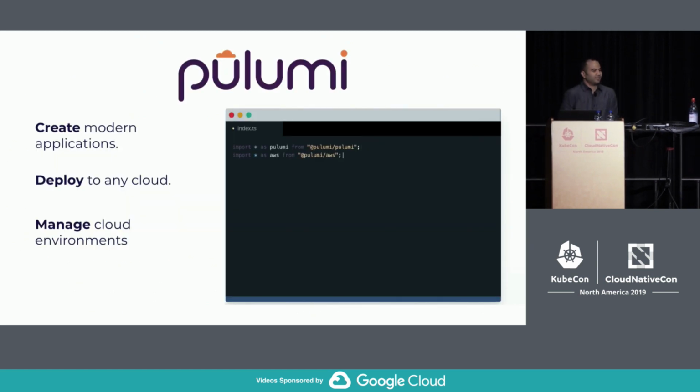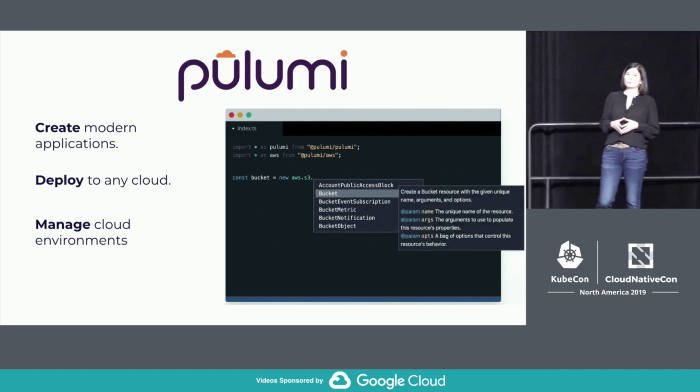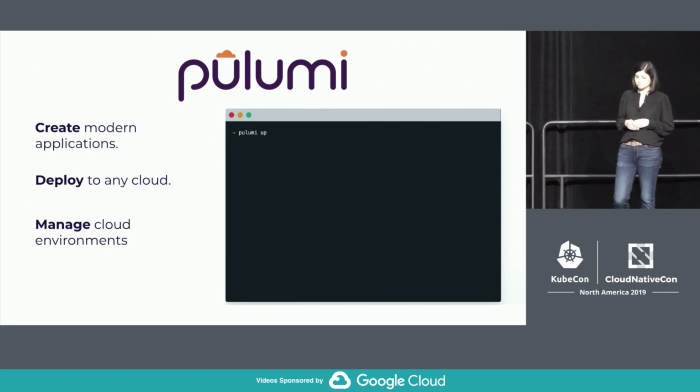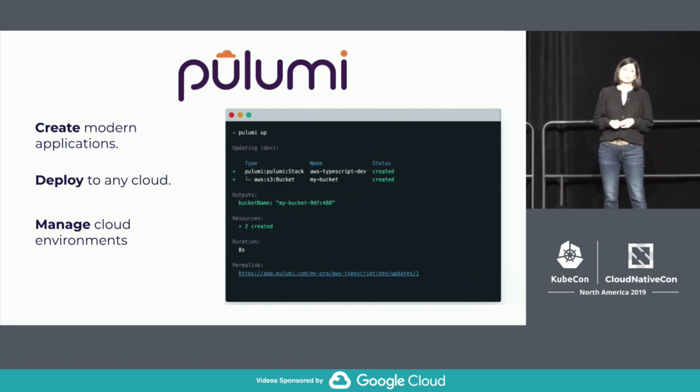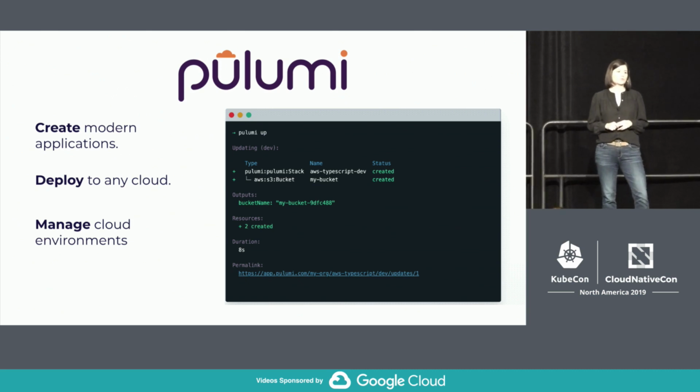So before we continue, I want to quickly introduce Pulumi a bit more, since it's the tool we'll be using to provision all of our infrastructure in the rest of the pipeline. Pulumi is an open source infrastructure as code tool that allows you to use a variety of programming languages to provision your infrastructure.